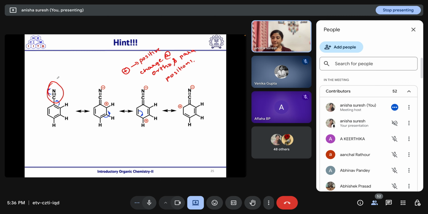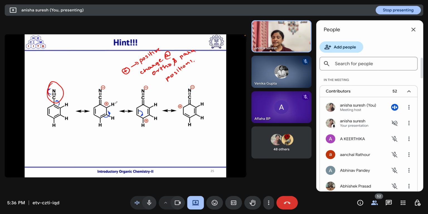Fine. And if the electron density at a particular carbon or hydrogen is lesser, it will be de-shielded, like its chemical shift will be more compared to the other protons that we have seen, right? Shielded means electron density around the nucleus or atom will be higher. De-shielded means the electron density around the atom or nucleus will be lower compared to the other.